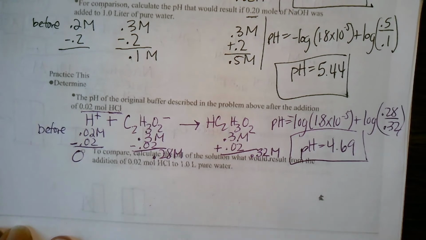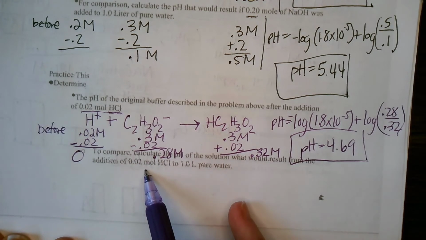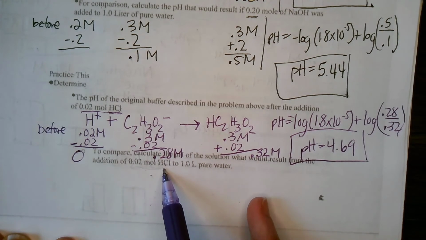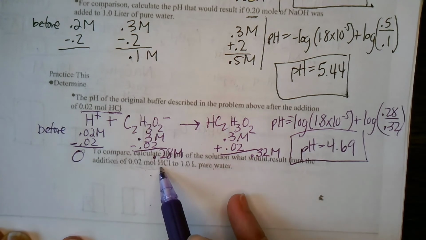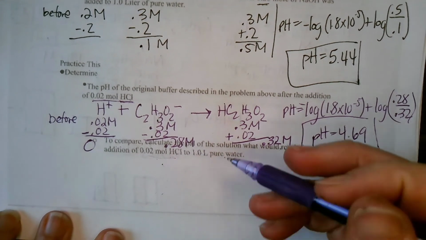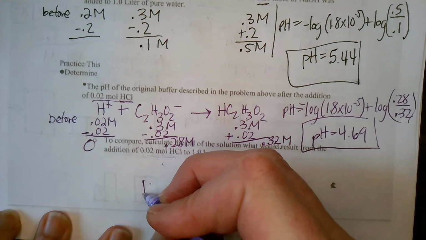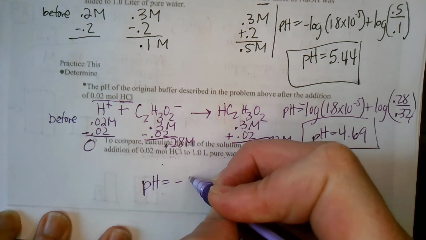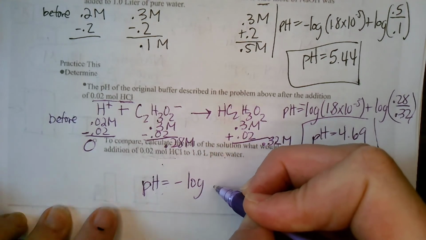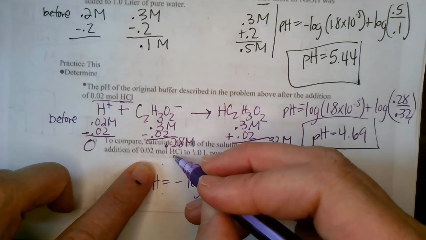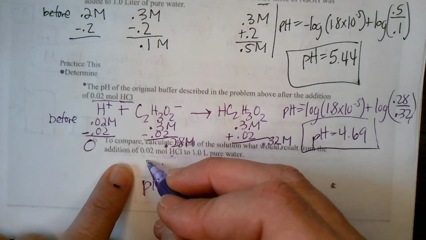Now if we compare this, if we were to add that same amount of HCl to pure water, again, we know that this 100% dissociates, and so to find the pH of that, it's just the negative log of its concentration, because this would totally dissociate, and this would be our H+.